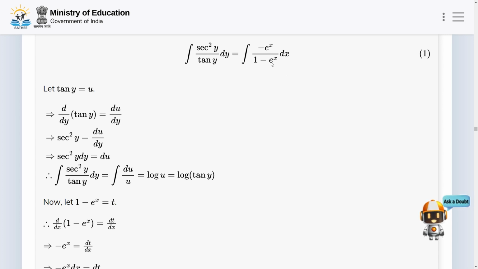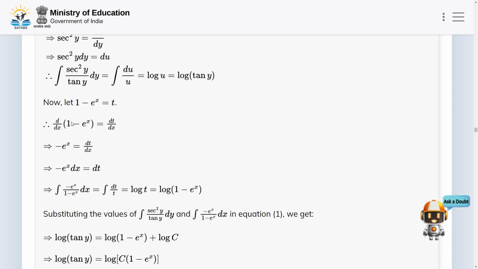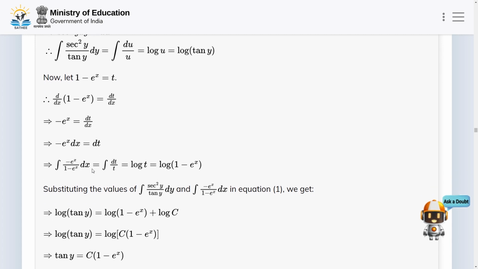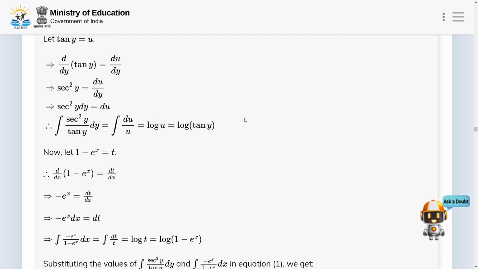Okay, now what about the right hand side? Substitution will also work here. So 1 minus e power x will be t. So this means the derivative, minus e power x dx is equal to dt. This means the numerator can be replaced by just dt. Now your integration becomes integration dt by t. This means log t. T is what? Your 1 minus e power x. This means log of 1 minus e power x. Now substitute your value back.